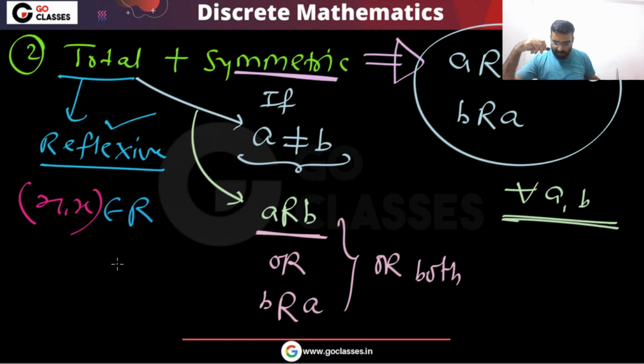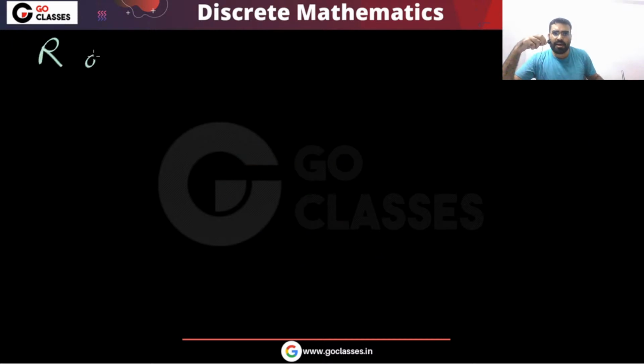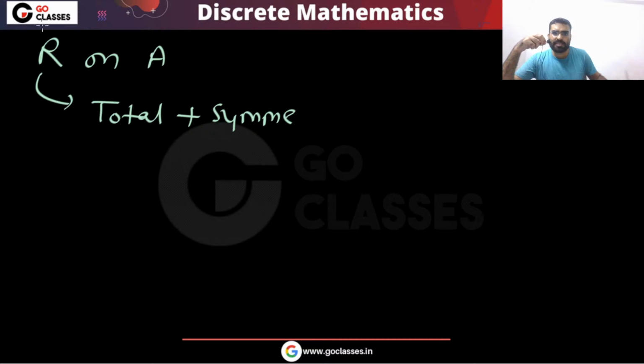So what is this relation? Finally, remember, this relation R on set A is total plus symmetric. What can you say about it?